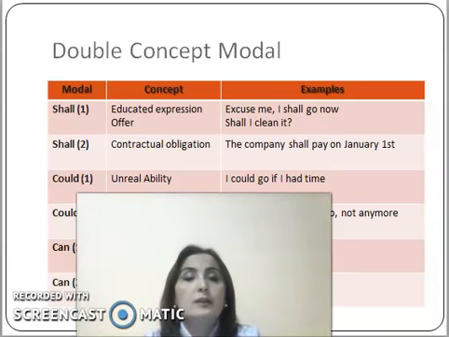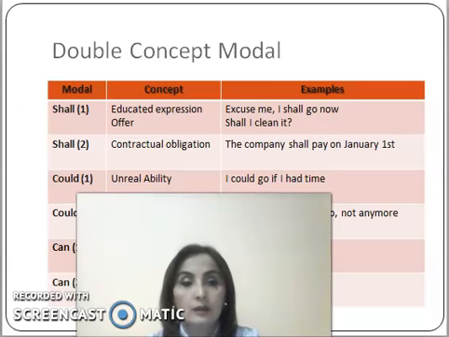The next one is "could", and unreality is expressed here. I could go if I had time. But unfortunately, I don't have any time. The speaker is expressing unreality with the help of "could".